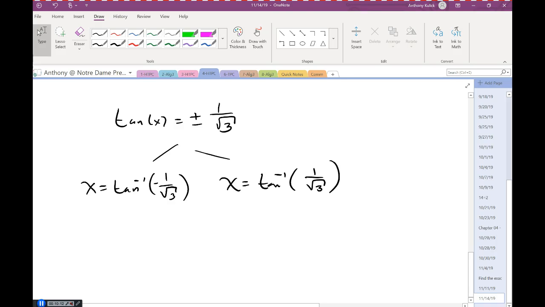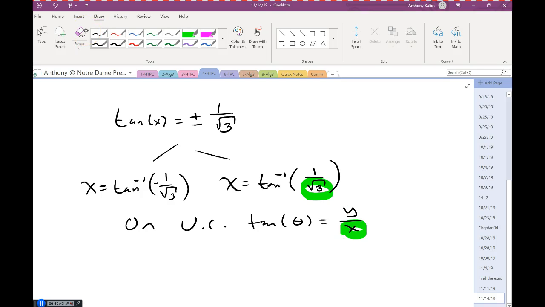Now what I'm going to do is go to my unit circle and look for the places where tangent is equal to 1 over the square root of 3, positive or negative. I remember on the unit circle, tangent is equal to y over x. So I'm looking for an x coordinate on my unit circle that involves a square root of 3 in it.